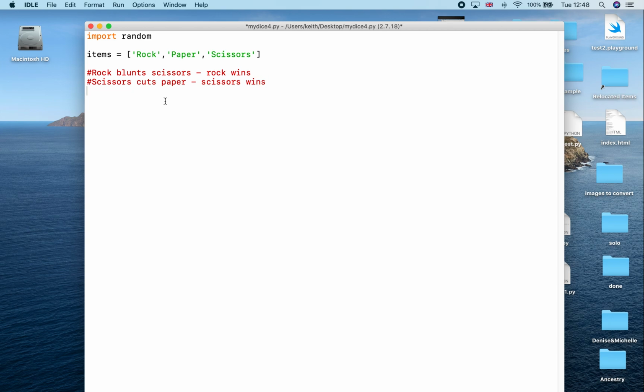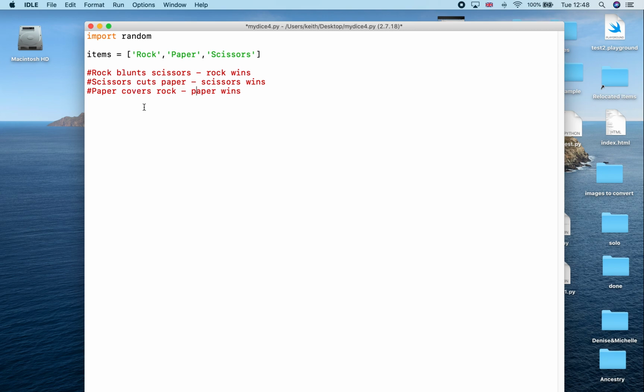And if I've got paper, that covers rock, and so the paper wins. Now that's the three winning conditions that I've got in my game.